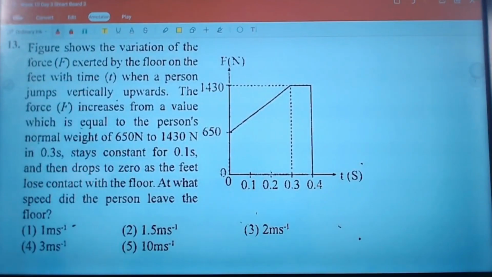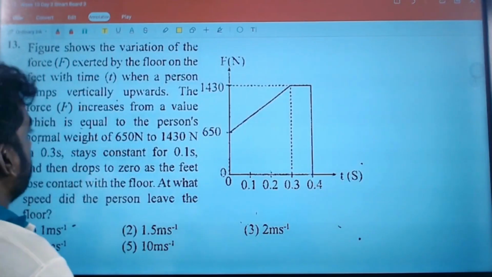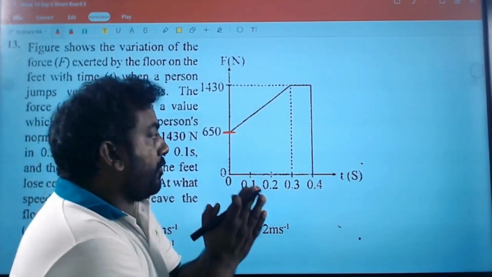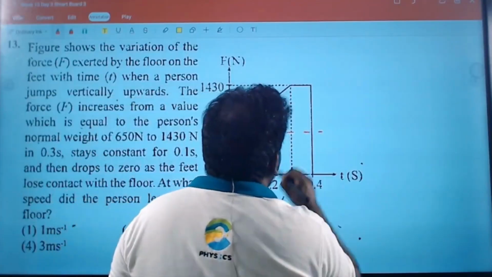Question number 30. Read. The figure shows the variation of force exerted by the floor on a child when it is jumping upwards. The force increases from a value which is equal to the person's normal weight. So if you are going to jump up, you must apply a force more than the weight.